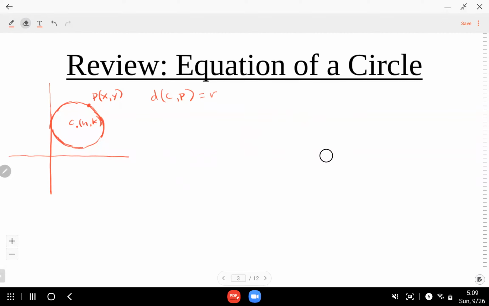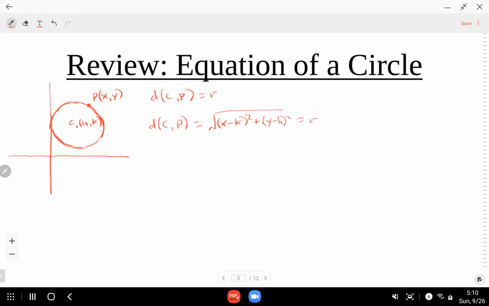What we need to do here is find the distance between C and P. That would equal the square root of x minus k squared plus y minus h squared, which equals r.